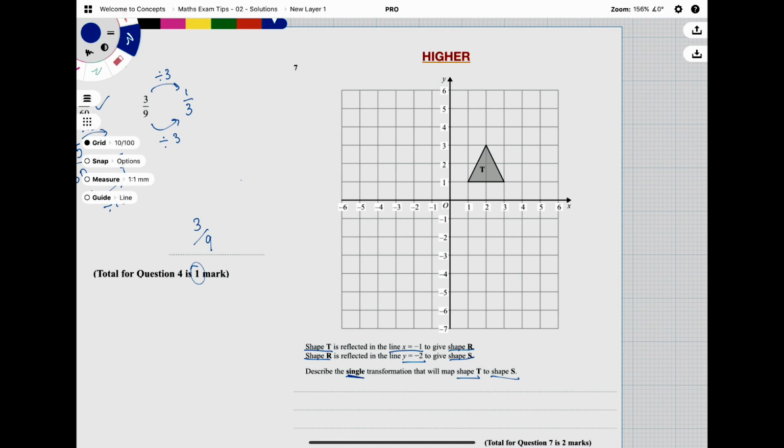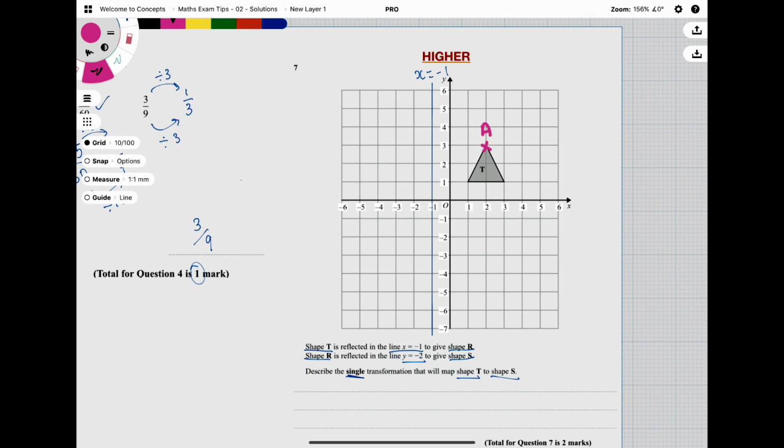First thing is, obviously you need to reflect, therefore you need a ruler. I am going to use my digital ruler here and draw a line, and that represents x equals -1, and reflect. Just a really quick example, point A, where it's going to reflect.